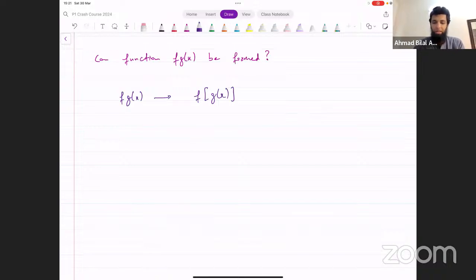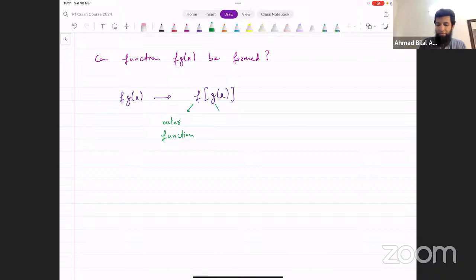All right. Now, when we write a function like this, I'm going to name these functions something to generalize this process. The function that you have outside here, I'm going to call the outer function. So in this case, f is the outer function.